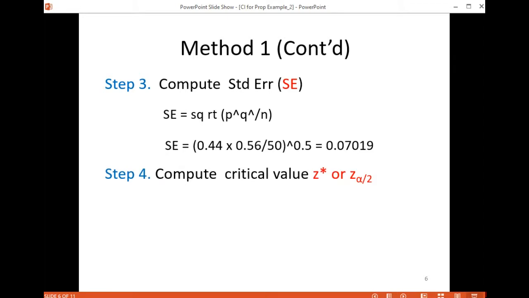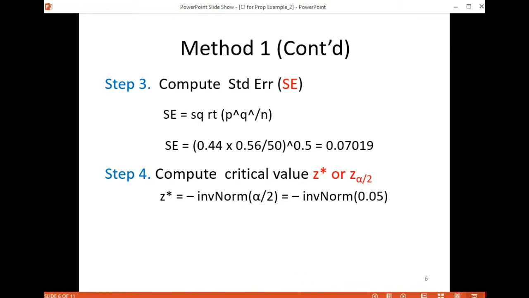Okay. And then we go in and find the critical value. This one we have to compute. It's simply the z value corresponding to where you have an area of alpha over 2 to the right. So you can use inverse norm of 1 minus alpha over 2, or minus the inverse norm of alpha over 2.